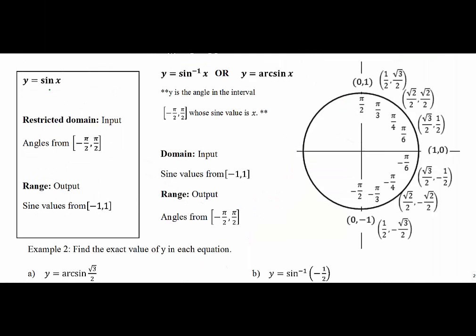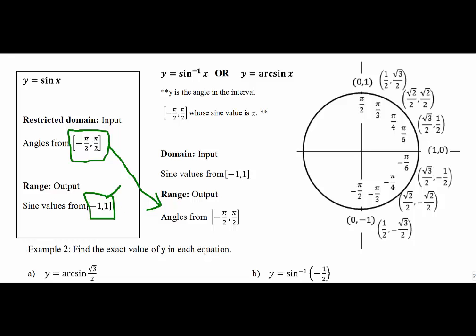The original function has a restricted domain from negative pi over 2 to positive pi over 2, and the output values were sine values from negative 1 to 1. Well, now we're going to switch that around. Since we're talking about the inverse function now, the original restricted domain will now become the range. These are the output values.